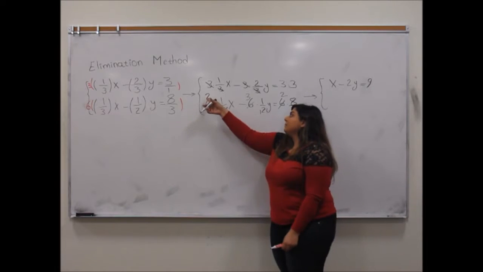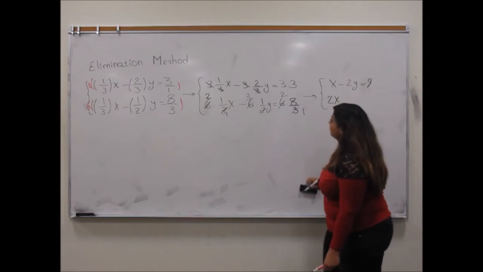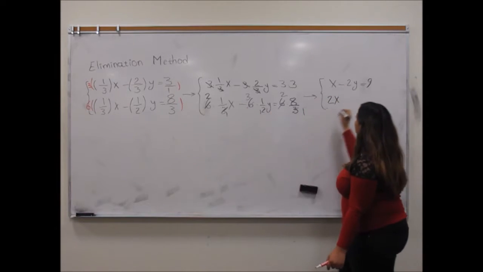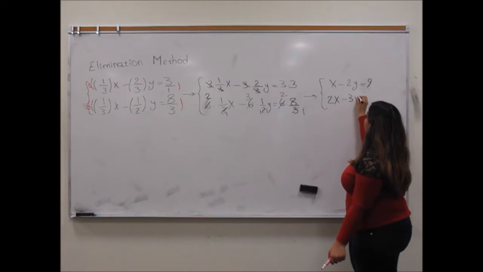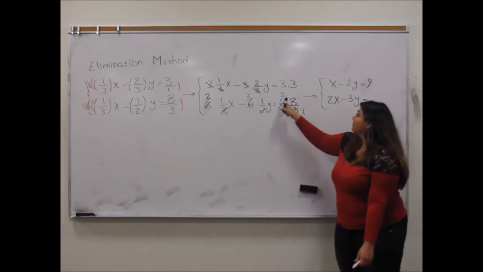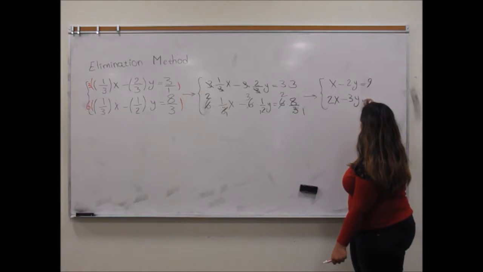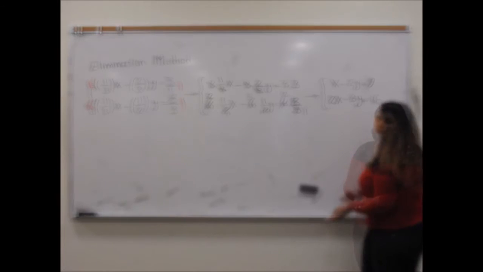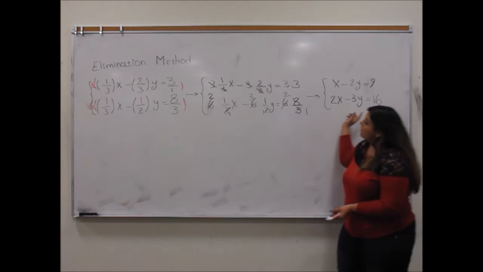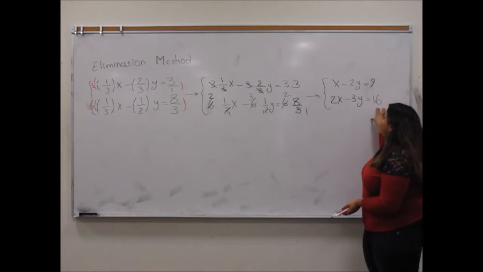So with the first one, I'm left with 2x minus 3y equals, I have 2 times 8, 16. So now that we got rid of all the fractions right there, we can do this the old good way.